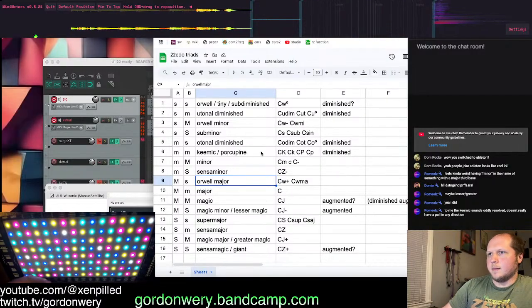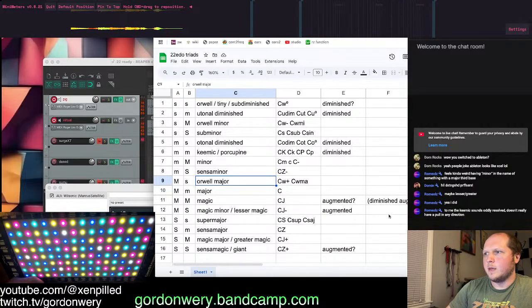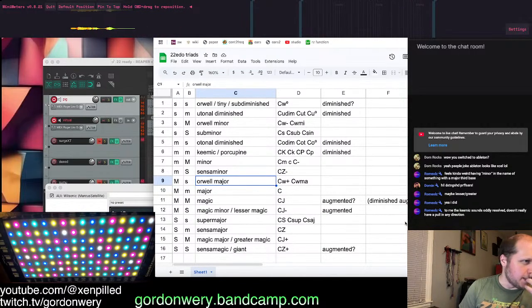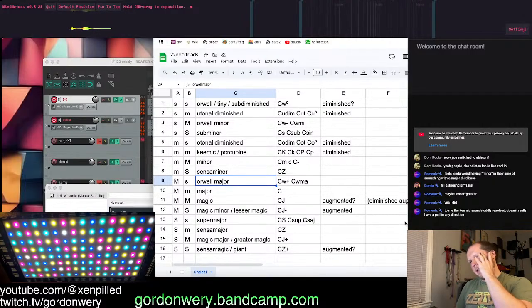It is augmented, but it's got some other thing about it too. So 22 is weird because since the fifth is sharp, it's almost like the whole tuning sounds slightly augmented. But at the same time, there's not one single good augmented chord.